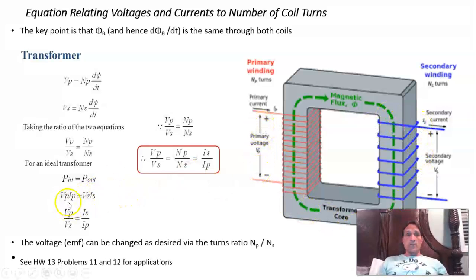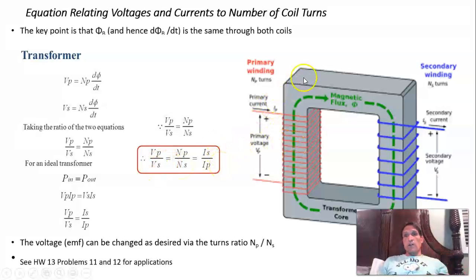So let's set Vp times Ip equal to Vs times Is. What you get is that the ratio of the voltages, Vp over Vs, is the inverse of the ratio of the currents. Now we have our relations between the number of turns in the coil, the voltages, and the currents.